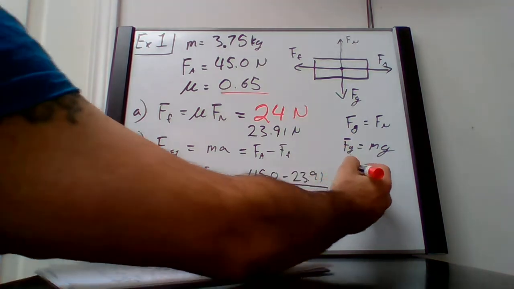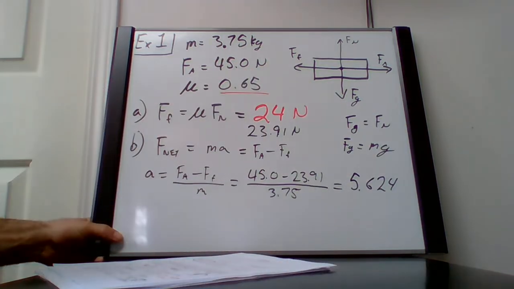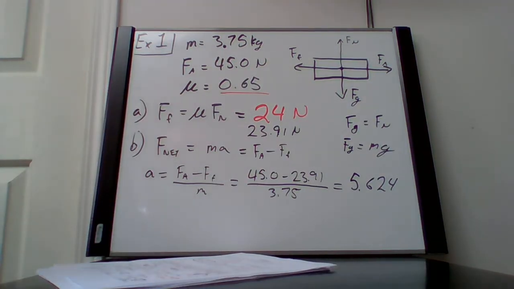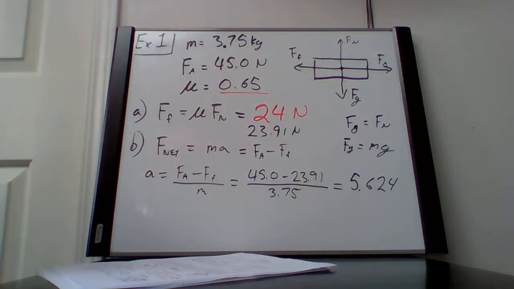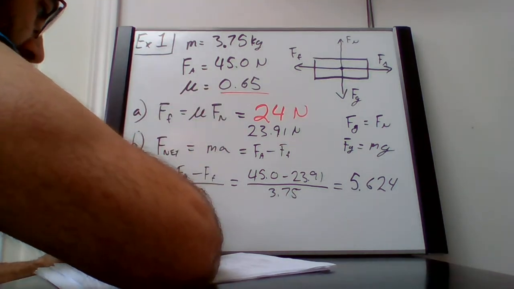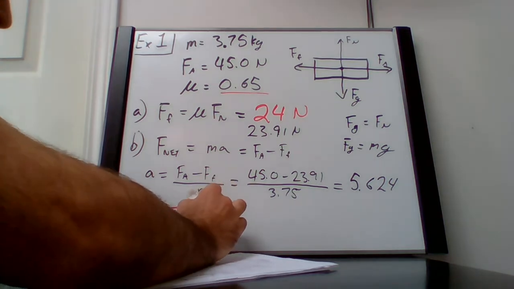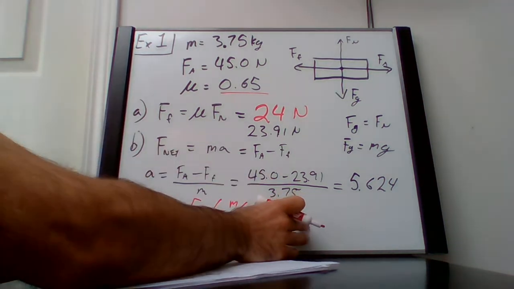And I end up with 5.624. Okay. Once again, we want to go back into our sig figs. We are limited by this coefficient of friction to solve these, and so I end up with my acceleration being 5.6 meters per second squared.